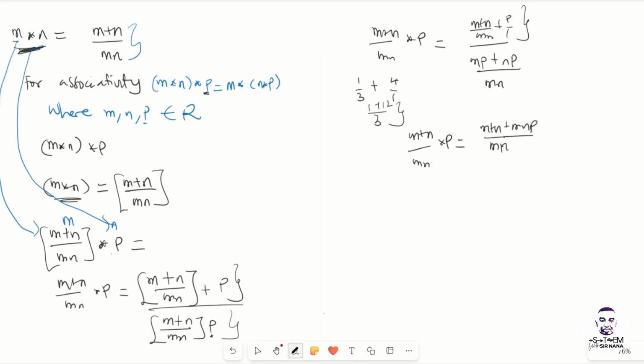Because this is also dividing here, we can write it as a division sign here. Then we are going to have mp plus np all over mn.